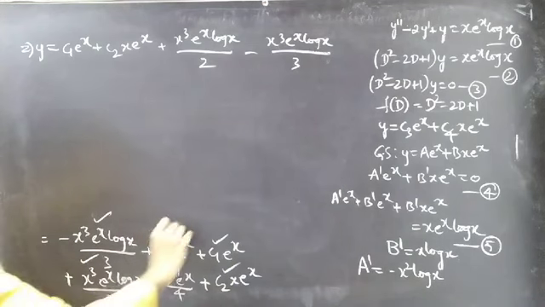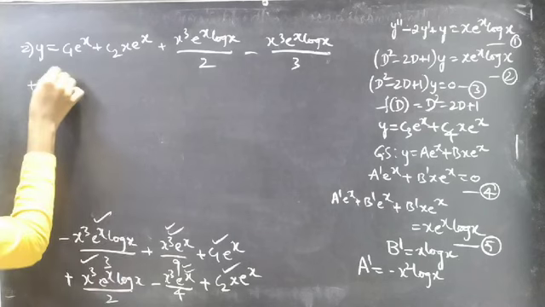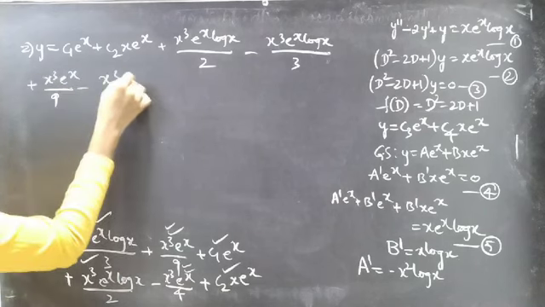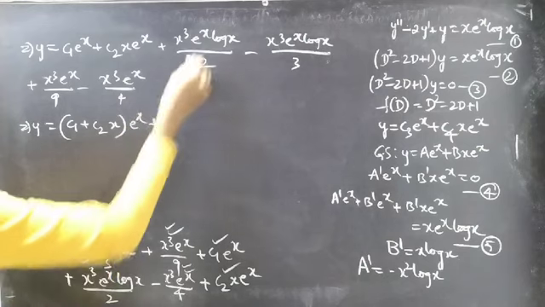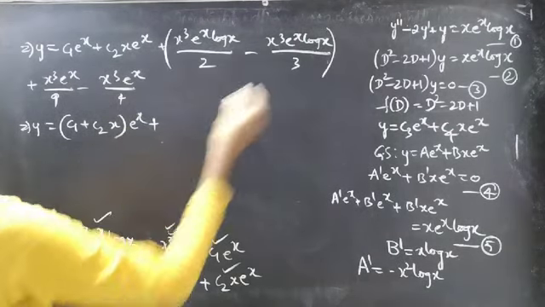Now write the terms involving x cube e power x: x cube e power x by 9 minus x cube e power x by 4. This gives us y equals, now take e power x common from the first two terms. We'll get c1 plus c2 x, times e power x. Take x cube e power x log x common from the next two terms.